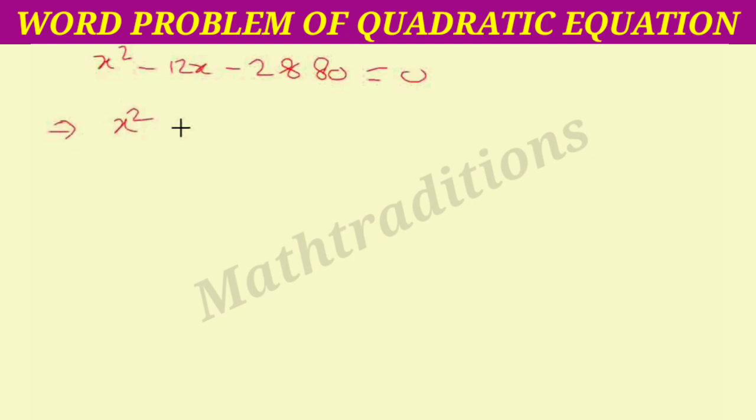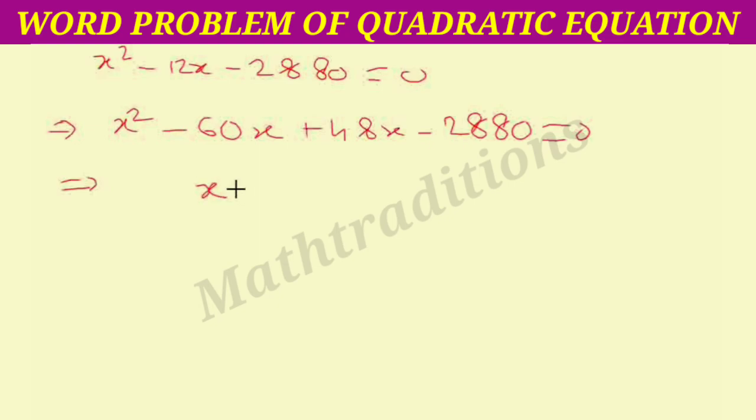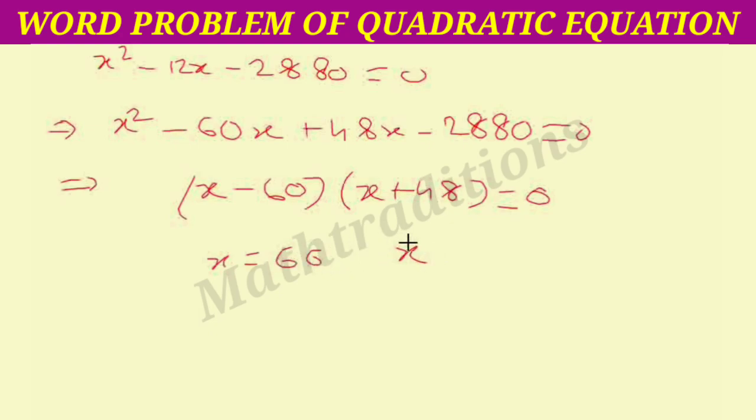So x equals 60 and x equals minus 48. That will be rejected because speed cannot be negative. So our answer is 60.